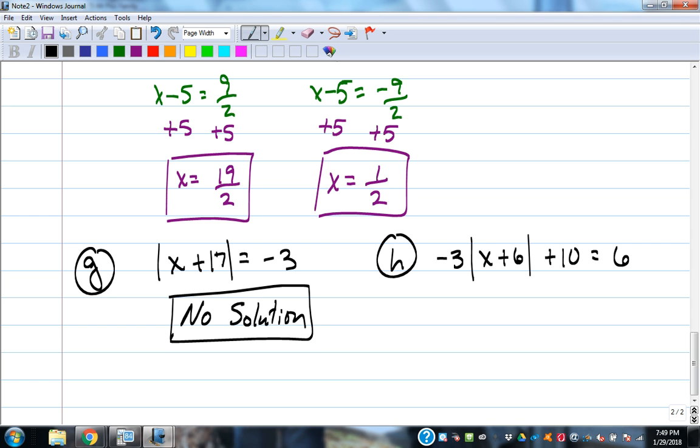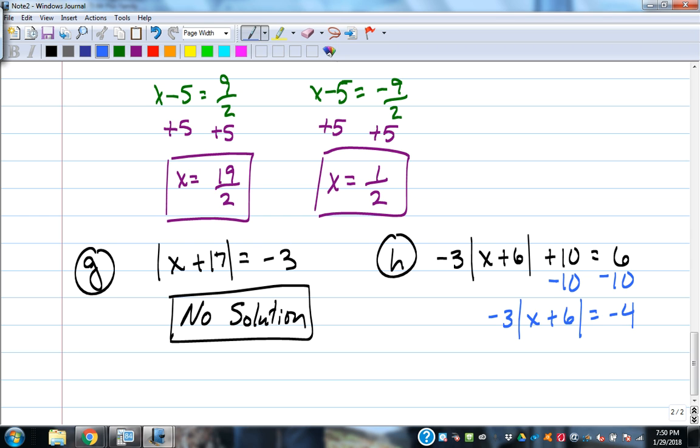Never decide if it's no solution until you get what by itself? The absolute value. So right now, what do we need to move to get that to happen? The 3 and the 10. Which one do I need to move first? The 10, because it's a like term with the 6. I'm going to subtract 10. And there I have -3 absolute value of x plus 6 is equal to -4.